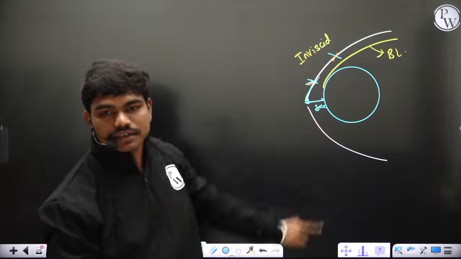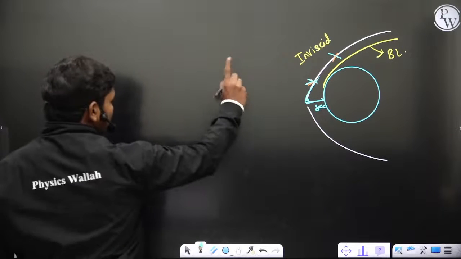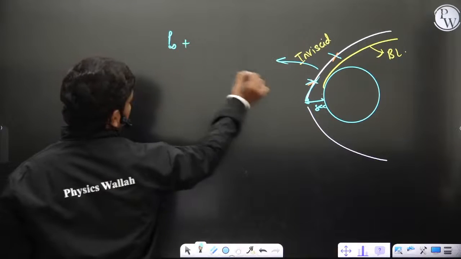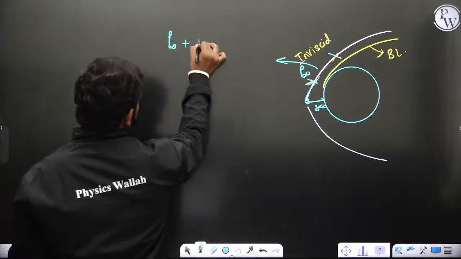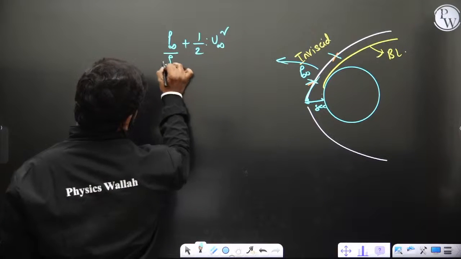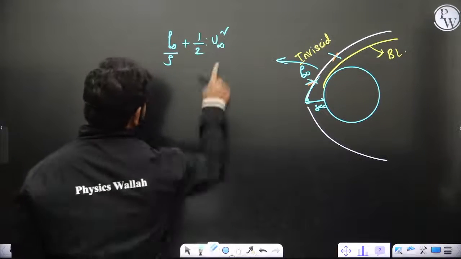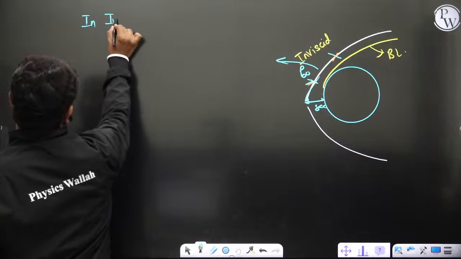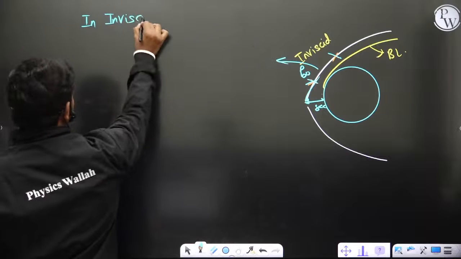This can happen, right? Now, one thing you can always say in this inviscid region: let us suppose the outside stream pressure is P infinity, plus half U infinity squared times rho, in the inviscid region, or outer boundary layer region.